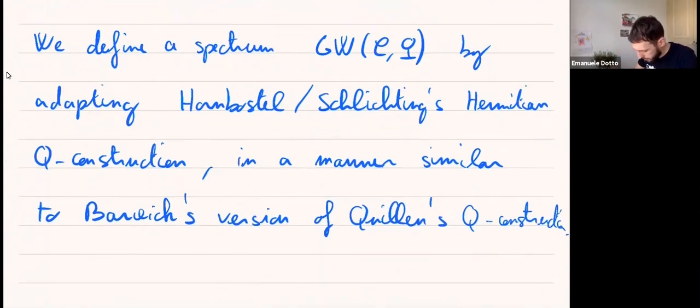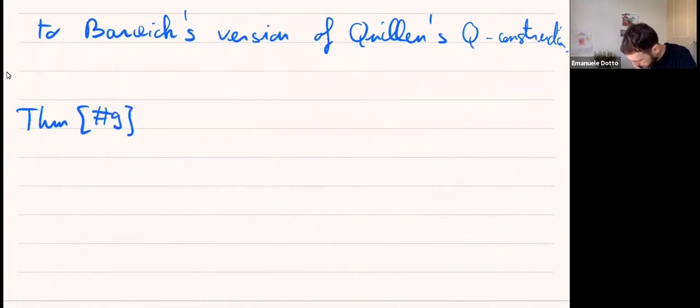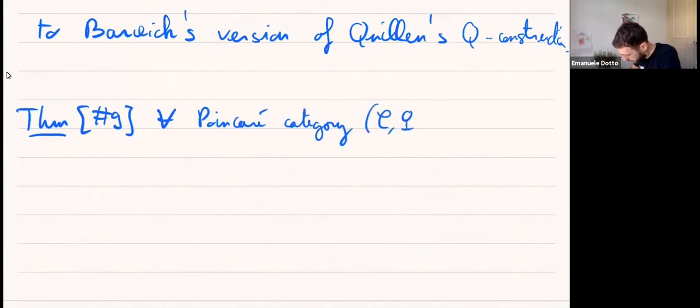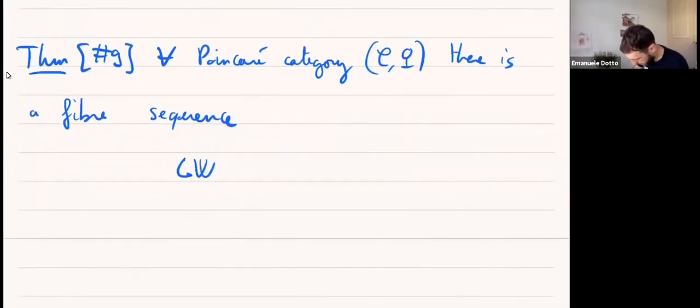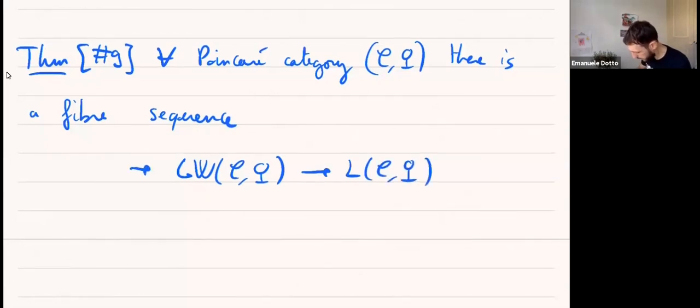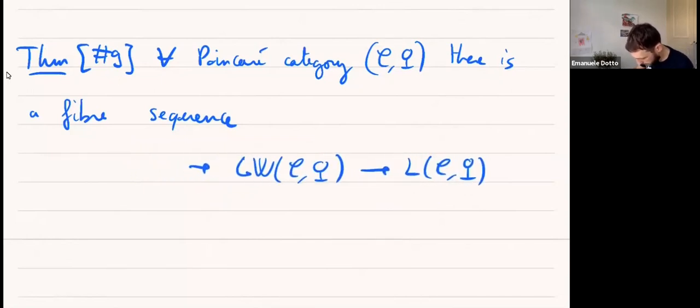Okay, so the construction is not super important, at least not for the scope of this talk. But once we have this spectrum, here's the first theorem: for every Poincaré category CQ, there is a fiber sequence like this, where here is not quite K-theory, but you need to take K-theory, there is an involution on this K-theory spectrum, which is given by sending a module or an object to its dual, which is induced by the fact that we have a Poincaré structure, and we need to take homotopy orbits by that involution.